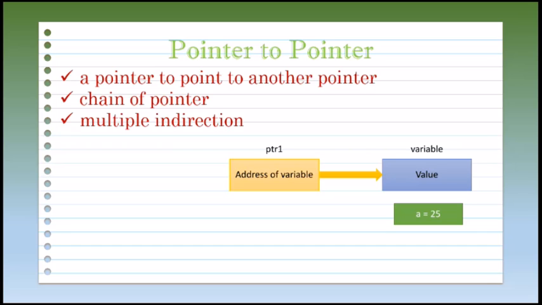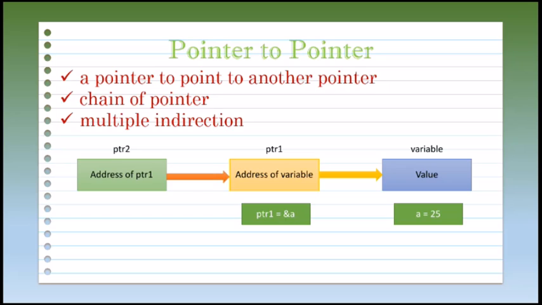In this variable we can save the address of a. Now if we want the address of pointer variable ptr1, we can take another pointer variable ptr2, and in that we can save the address of pointer variable ptr1. So here ptr2 is holding the address of ptr1.